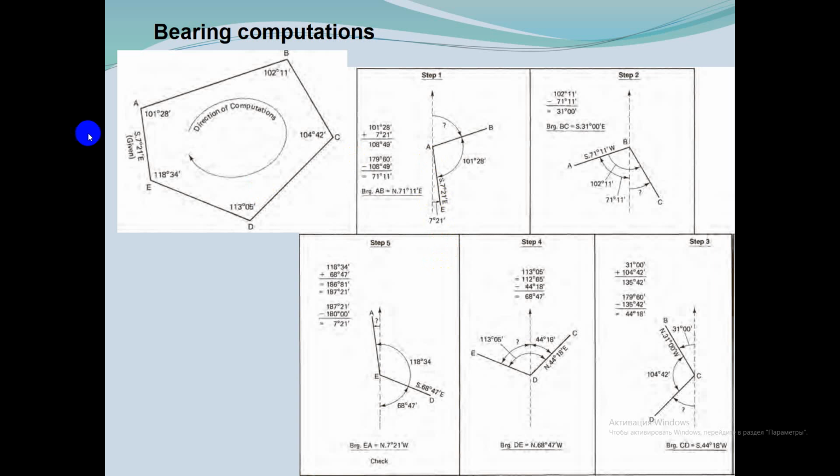And the bearing for side AE is 7 degrees east.